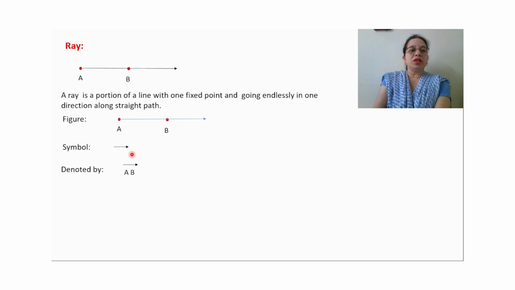How do we denote this? AB. What is important in ray? A is a fixed point and it is increasing towards B. Or we can write AB and the arrow will be in this direction again. A is a fixed point and it increases towards B. We cannot write it as BA, just like line and line segment.